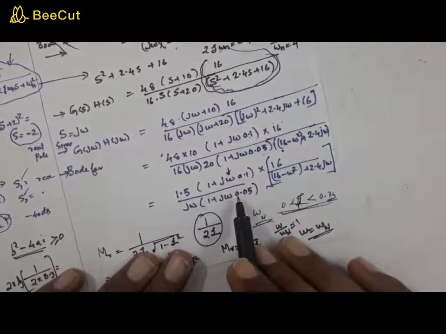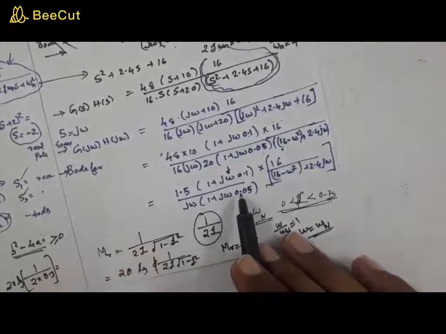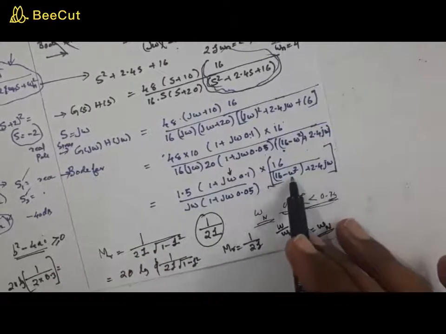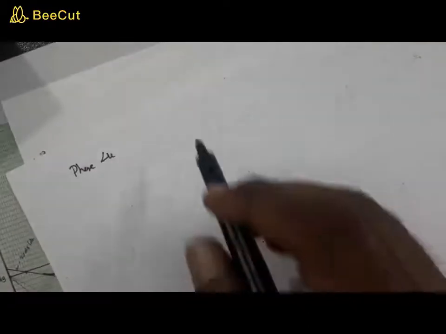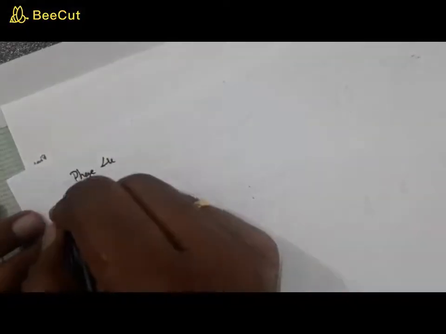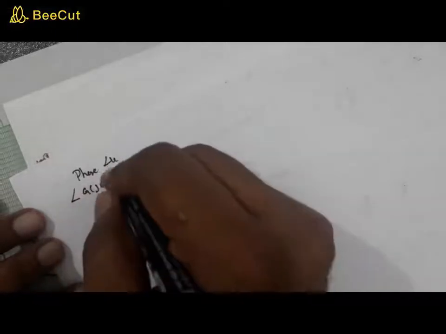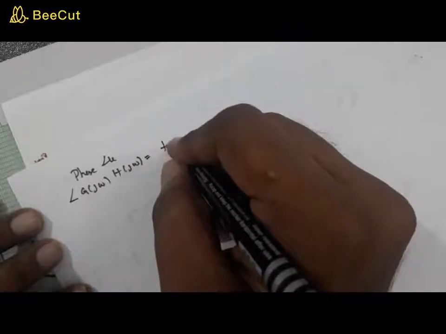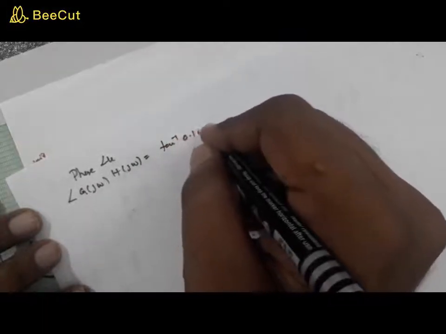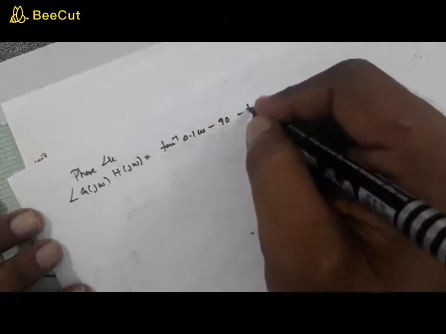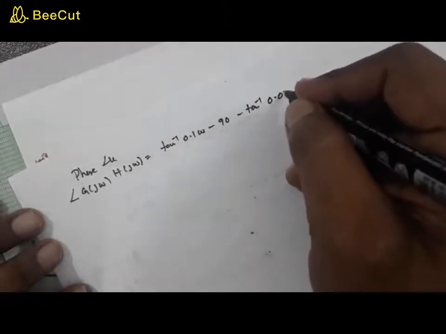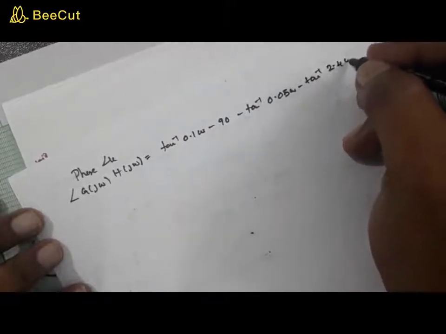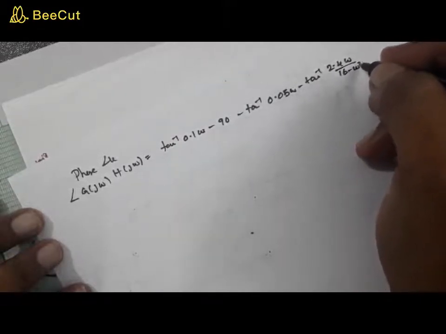Then this is tan inverse 0.05 omega, and this will be tan inverse of 2.4 omega divided by 16 minus omega square. So that phase angle, angle of G of j omega H of j omega, is equal to tan inverse 0.1 omega minus 90 minus tan inverse 0.05 omega minus tan inverse 2.4 omega by 16 minus omega square.